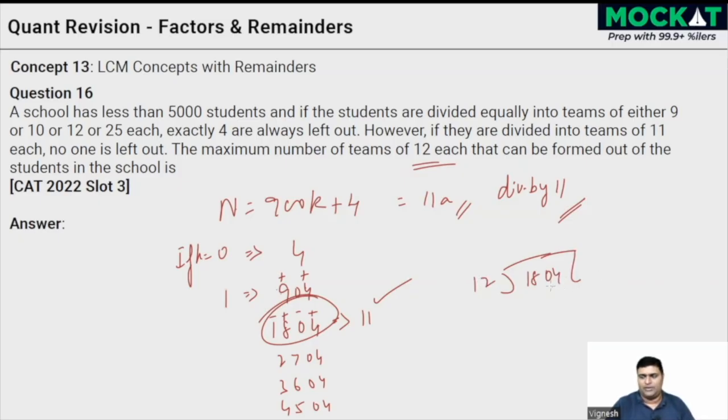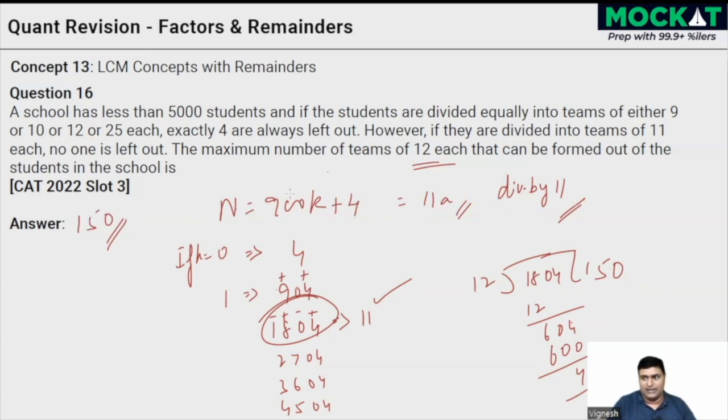What are we going to get? 1 12 is 12, and then a 60 over here, and then we get a 0. In fact, 604, you can put in 600 and a 4 here. So 150 becomes the answer.